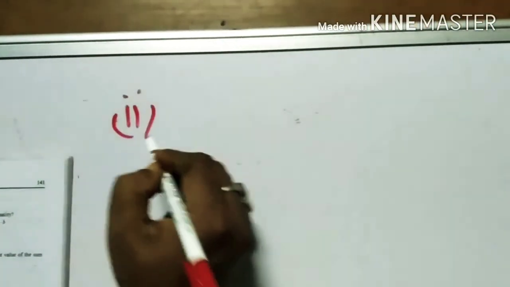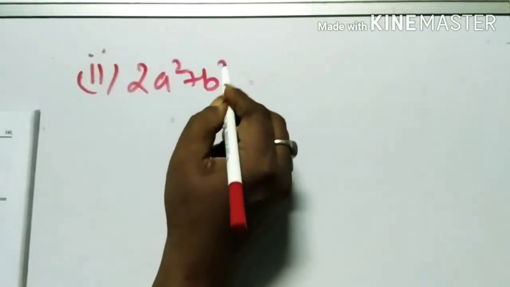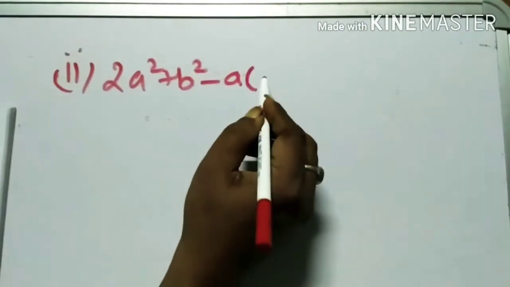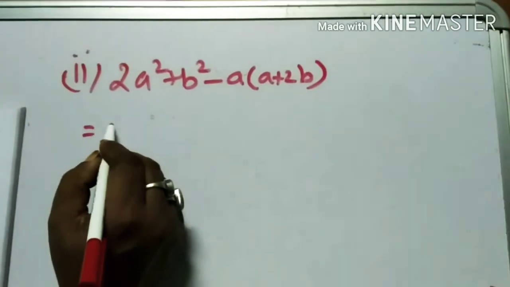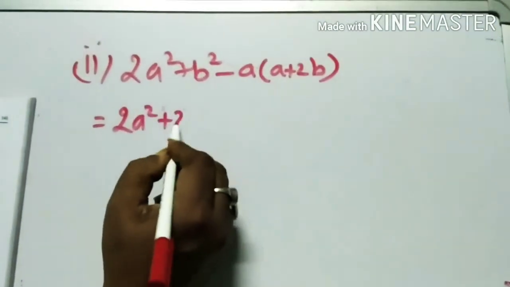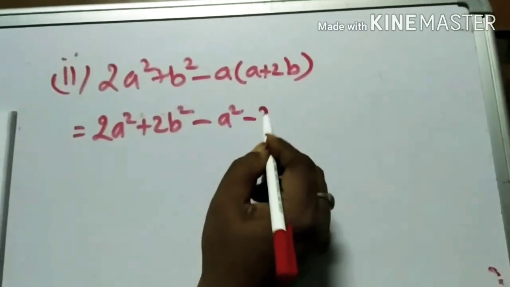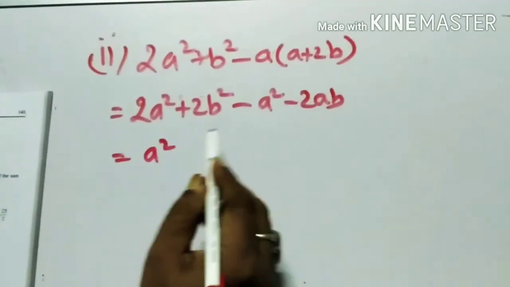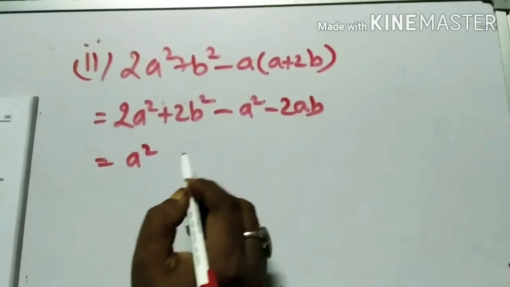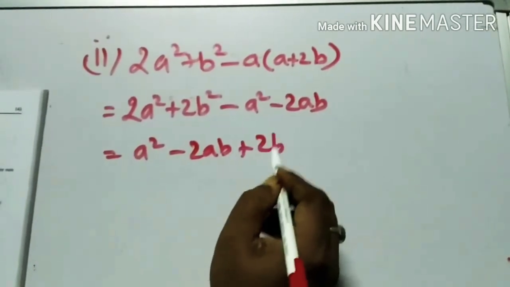So I am going to apply the same technique. This is very easy for you. You apply only this one technique: 2a square plus b square minus a bracket a plus 2b. So this will be equal to 2a square plus 2b square minus a square and minus 2ab. So this will be equal to a square, and minus 2ab plus 2b square.